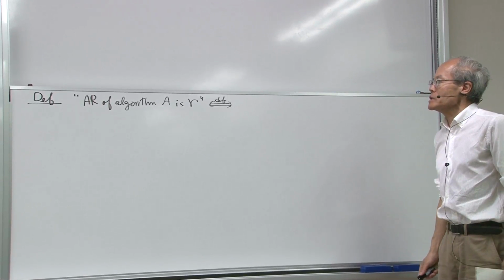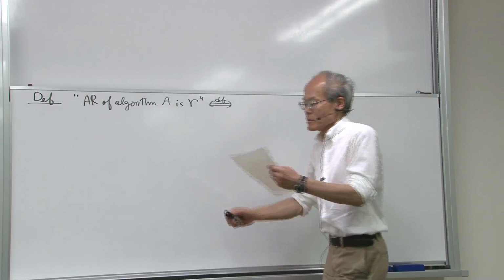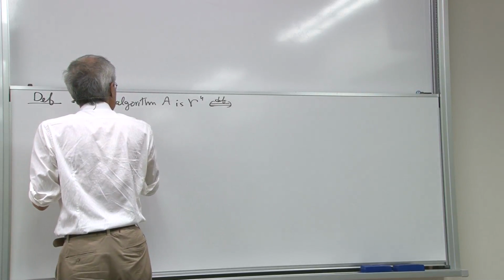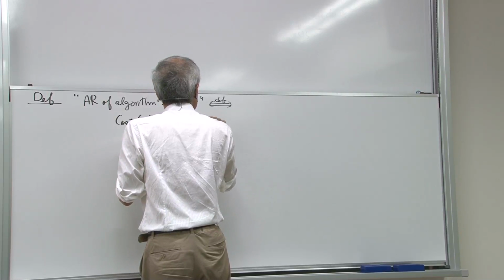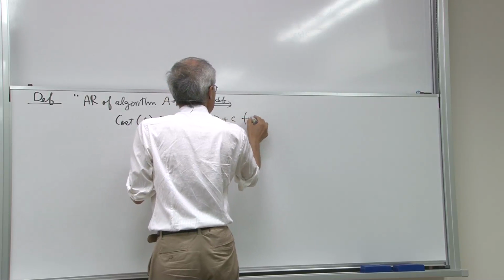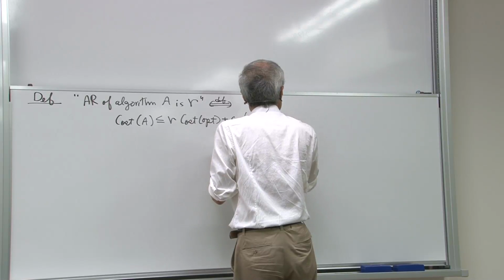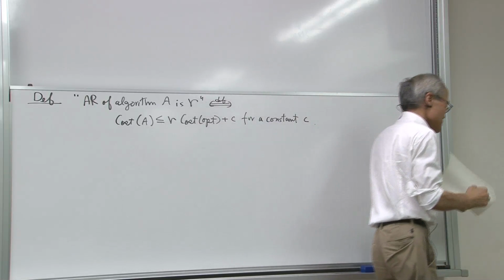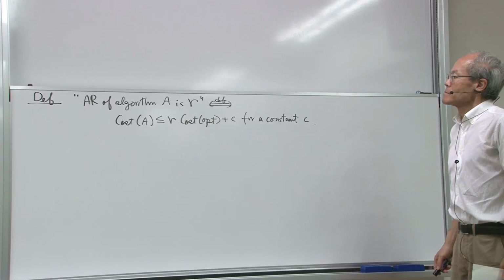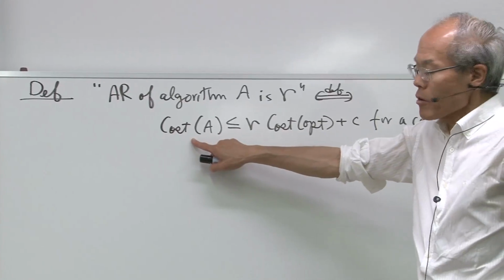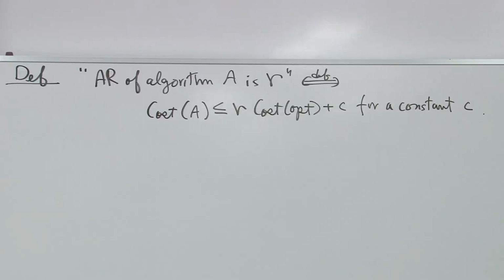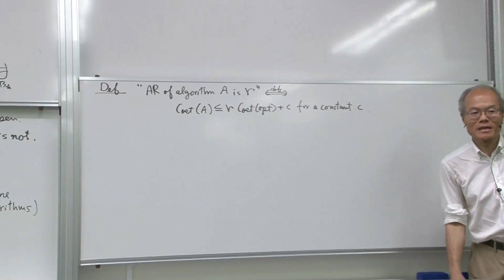The approximation ratio of algorithm A is R if and only if the algorithm's cost is at most R times the optimal cost plus a constant C. This constant is not very important, but it makes things much easier.